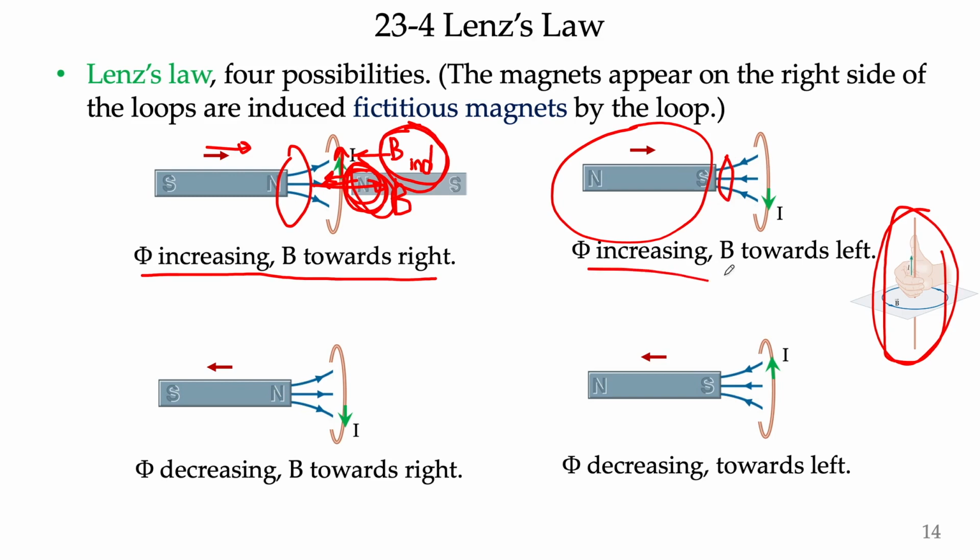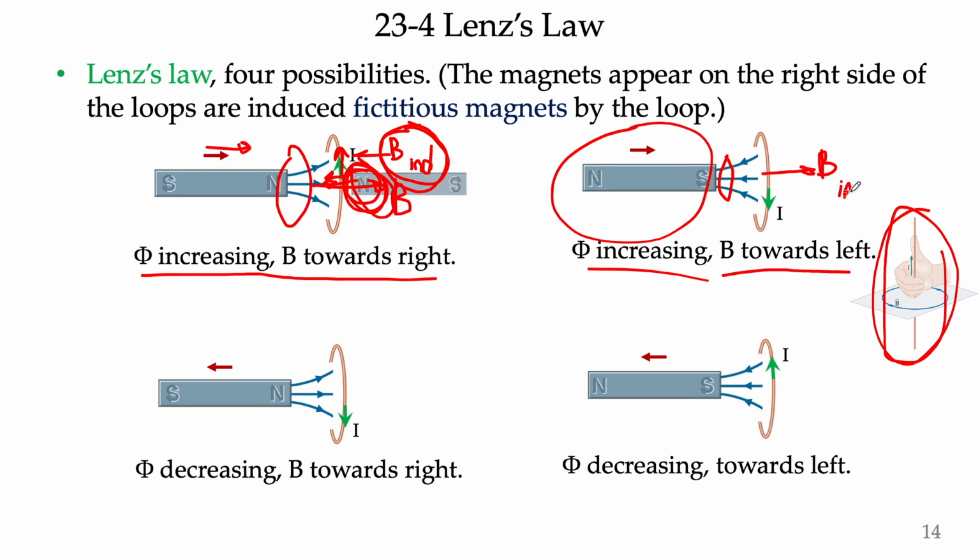But in this case, the magnetic field lines are towards the left. So with increasing flux and field lines to the left, this loop is going to produce induced magnetic field lines to the right, because the magnet has magnetic field lines to the left and it's increasing. So basically this loop will try to create magnetic field lines to the right.